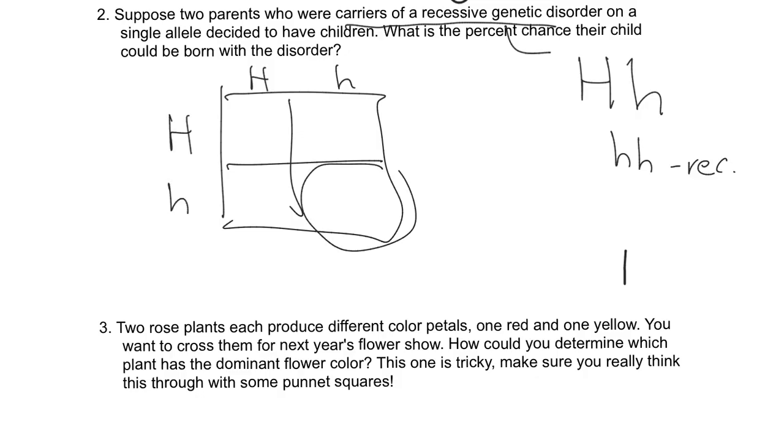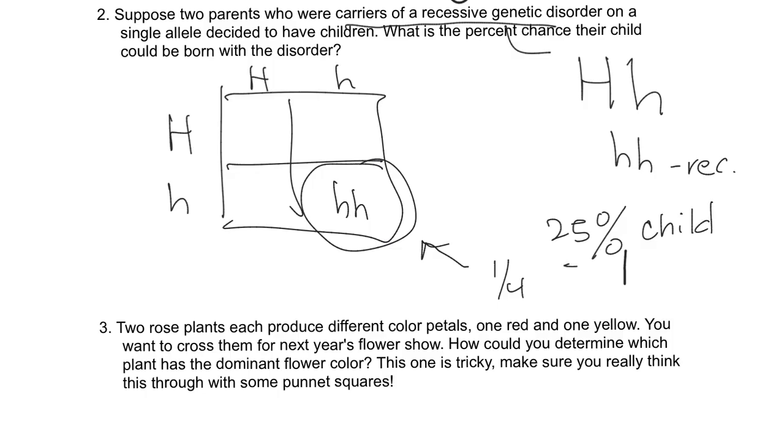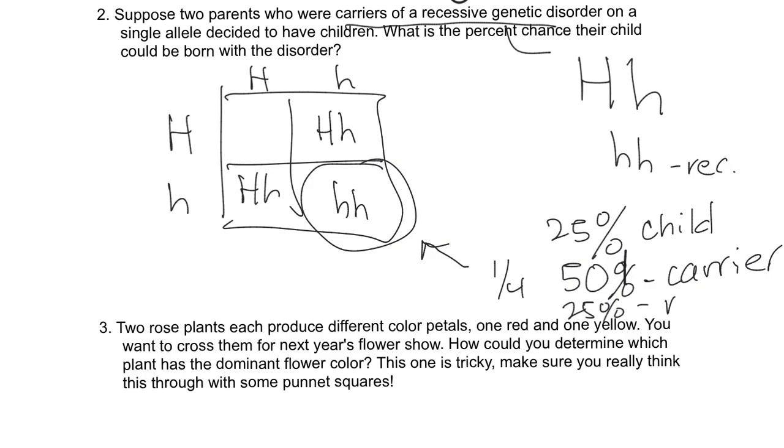And really the only place you're going to see an affected child will be 1/4. So they have a 25% chance of having a child with a disorder. They have a 50% chance of a carrier child, which would be heterozygous, which you can see in these two squares, and they'd have a 25% chance of what we call normal, which is a horrible word, but that's what it would be. So that's your answer there.